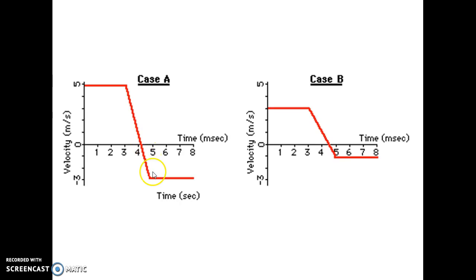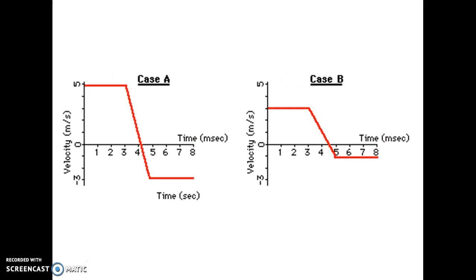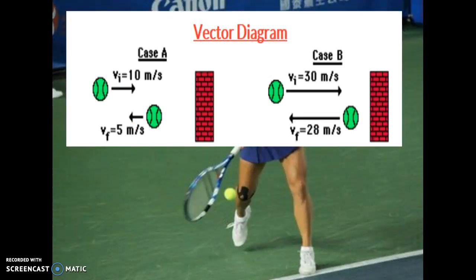So in case A, you've got 5 and then negative 3, and in case B, you've got maybe 3 meters per second going to negative 1. So you can see the differences here.